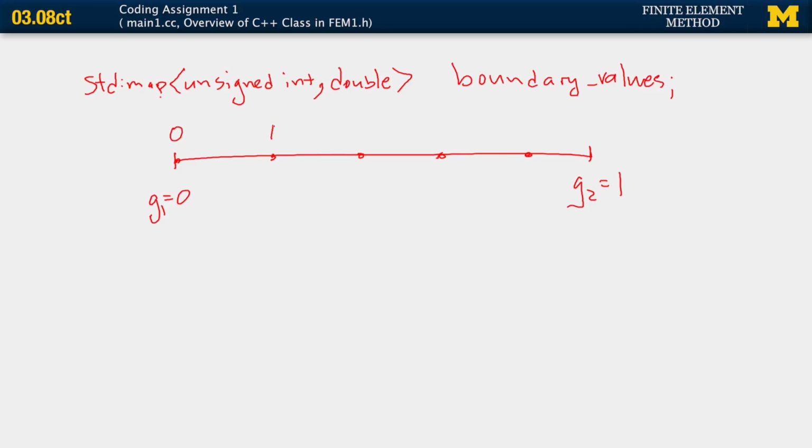I'll let these be our global node numbering, so I'll just go sequentially 0, 1, 2, 3, 4, and 5. In boundary values, we want to store the node number with the Dirichlet value. The node number is an unsigned int. The Dirichlet value is a double.